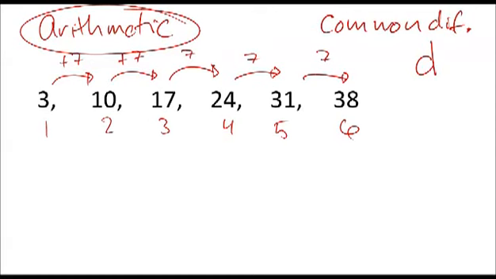If I notice these numbers along the bottom that identify which term we are, typically we use the variable n to describe those. So n is 1 on the first term, n is 2 on the second term, n is 3 on the third term, n is 4 on the fourth term, n is 5 on the fifth term, etc.